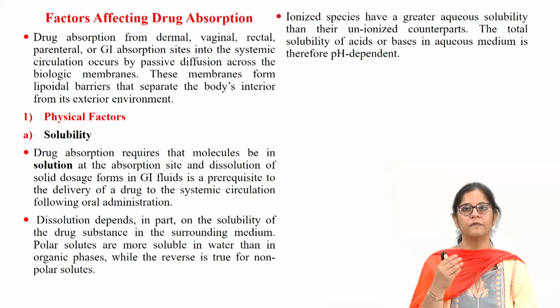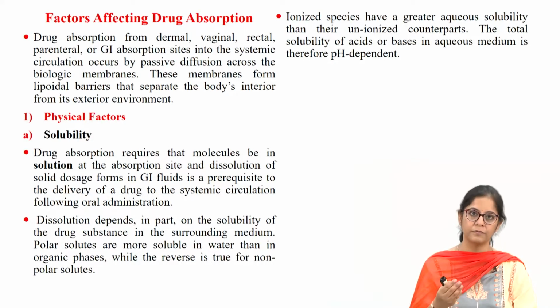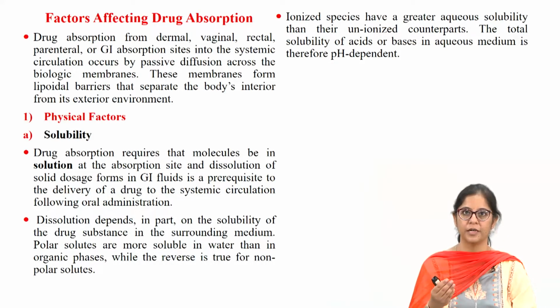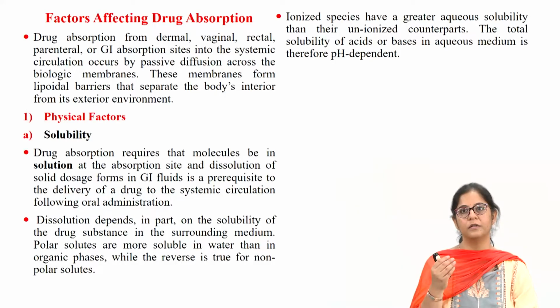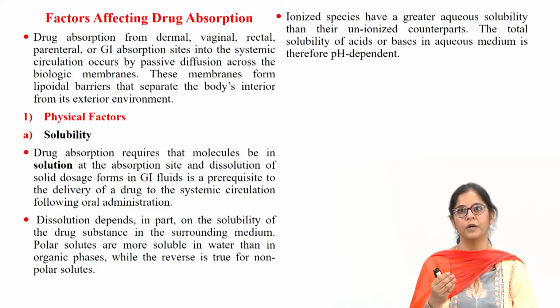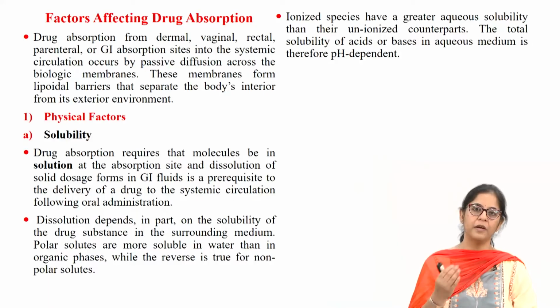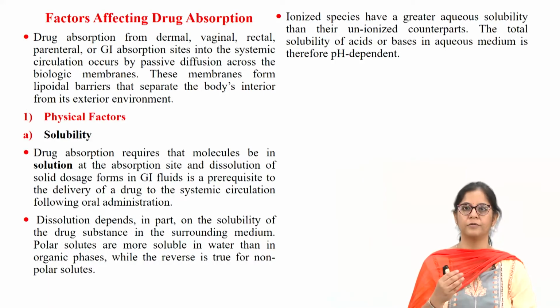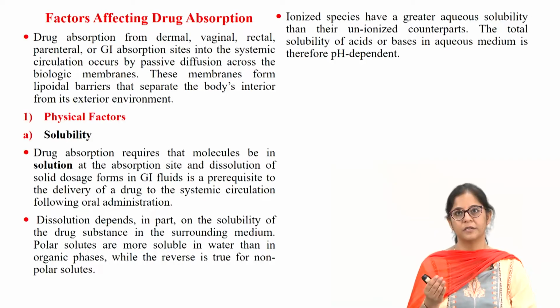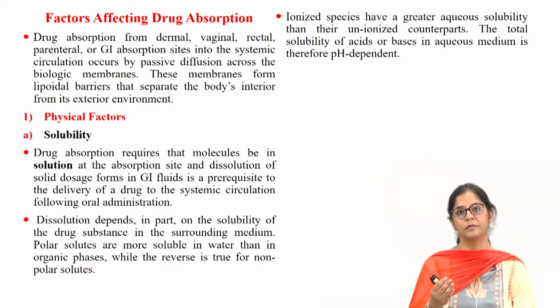For the drug to be absorbed, it needs to be solubilized, to be in solution state at the absorption site, and the dissolution of the solid dosage form is a prerequisite to absorption as well as systemic circulation following oral administration, specifically for orally administered drugs.